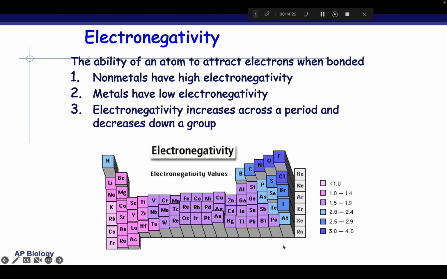And it also increases going from the bottom of the periodic table to the top. So things that are over in the top right are the most electronegative, meaning they are able to pull on electrons that are shared in bonds more strongly, and those elements that have very low electronegativity are very weak at pulling on the electrons are on the lower left side right here.